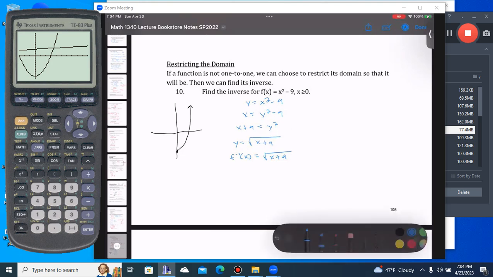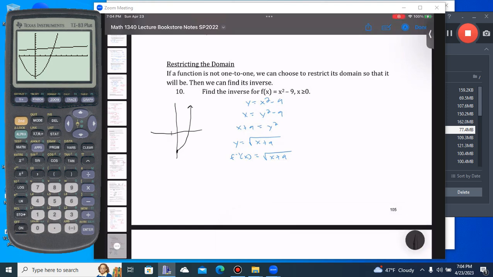So let me plot it on here. -3 would give us 0, 1, 2, 3. Then 0 will give us 3, 3. So it looks like this.